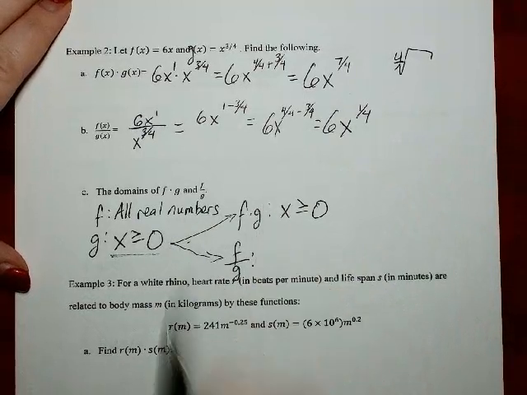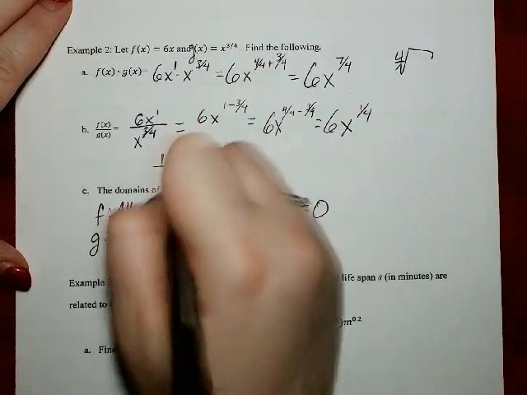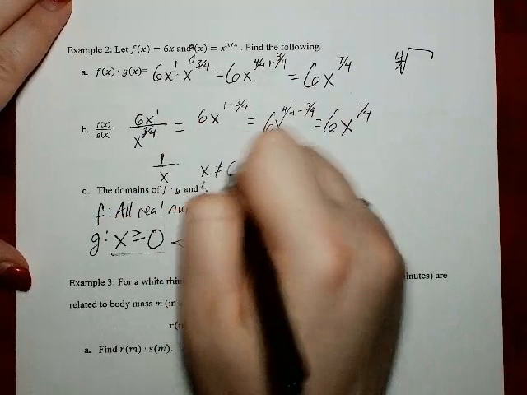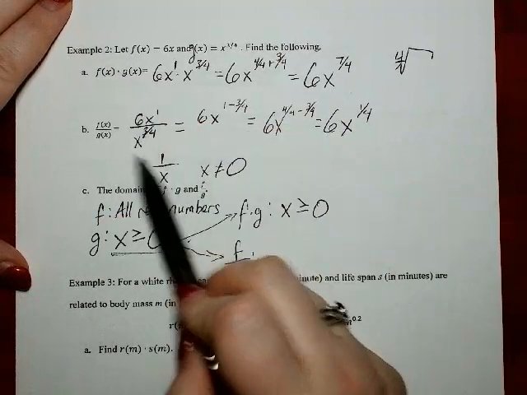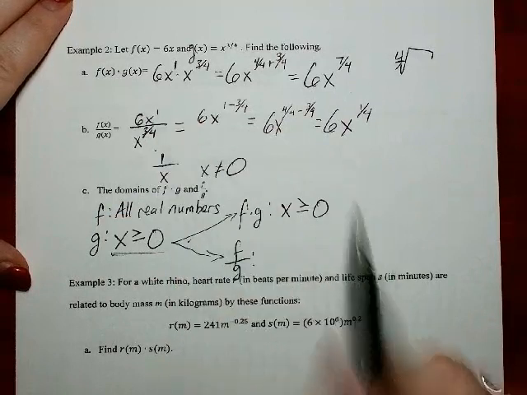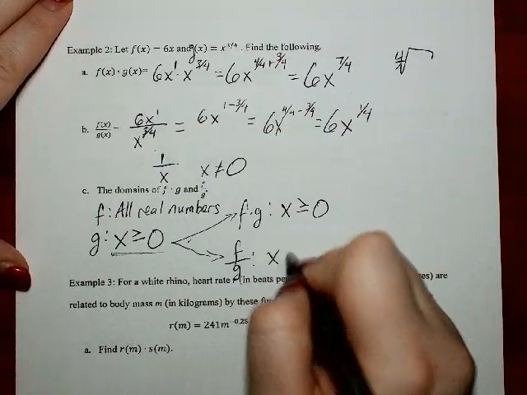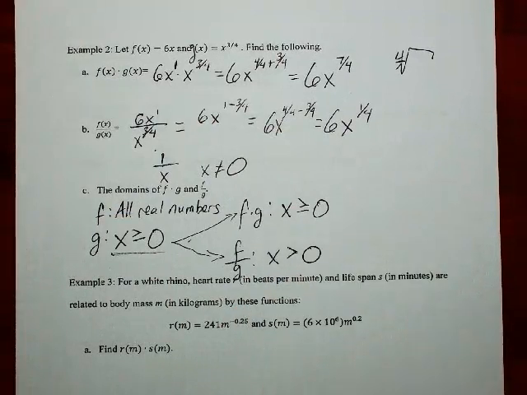But we have an extra one now. We have a fraction here. And we cannot divide by 0. So whenever x is 0 here, we're dividing by 0, and that doesn't work. So for this one, it is just x is greater than 0. Not x is greater than or equal to 0.